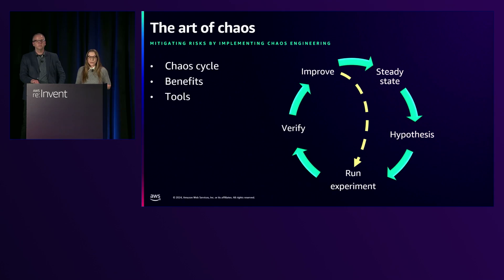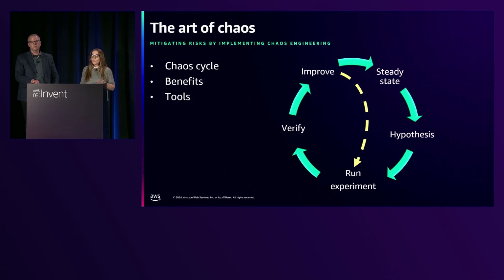Those insights are then used to improve the system's resilience. This approach allows us to identify and implement missing safeguards to prevent potential failures, enhance your observability to be able to quickly detect issues when they occur, establish your alerting mechanisms for rapid response, and also develop and refine mitigation strategies for those unavoidable failures. You can base your experiments on the categories of failure that we've been discussing as a starting point.